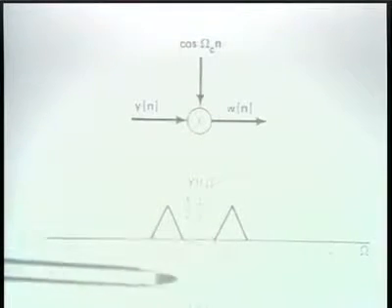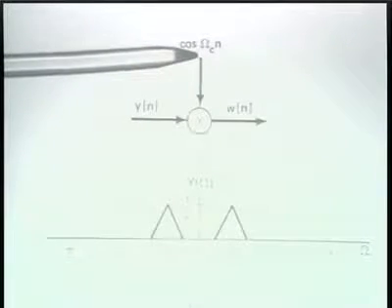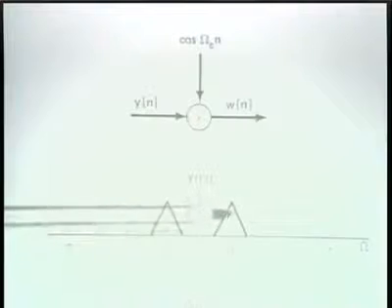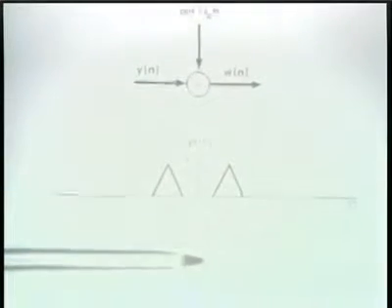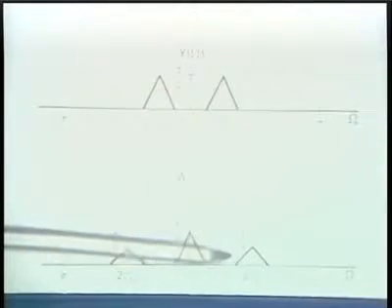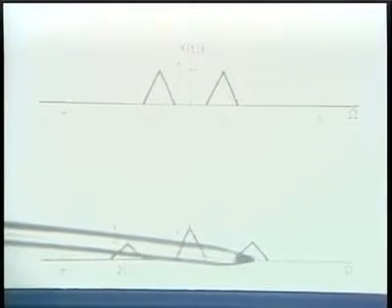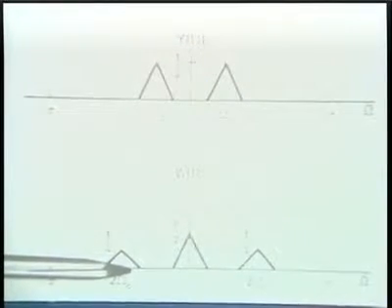When this is again convolved with the spectrum of the carrier, then we get a replication of the original spectrum first around 0 frequency, as I indicate here, and then around twice the carrier frequency and minus twice the carrier frequency.